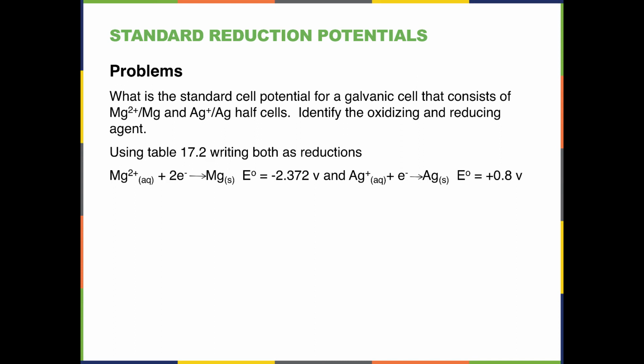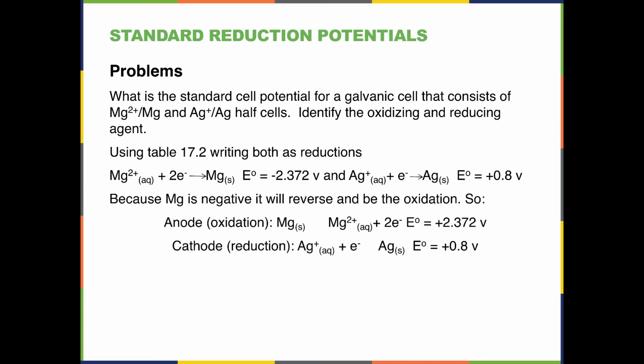Silver is reduced to silver solid, and it's positive 0.8. Now you would write the magnesium backwards, and it becomes the anode, because magnesium is negative and will reverse to be oxidized. So magnesium is the reducing agent because it's oxidized, and silver is the oxidizing agent because it's reduced.